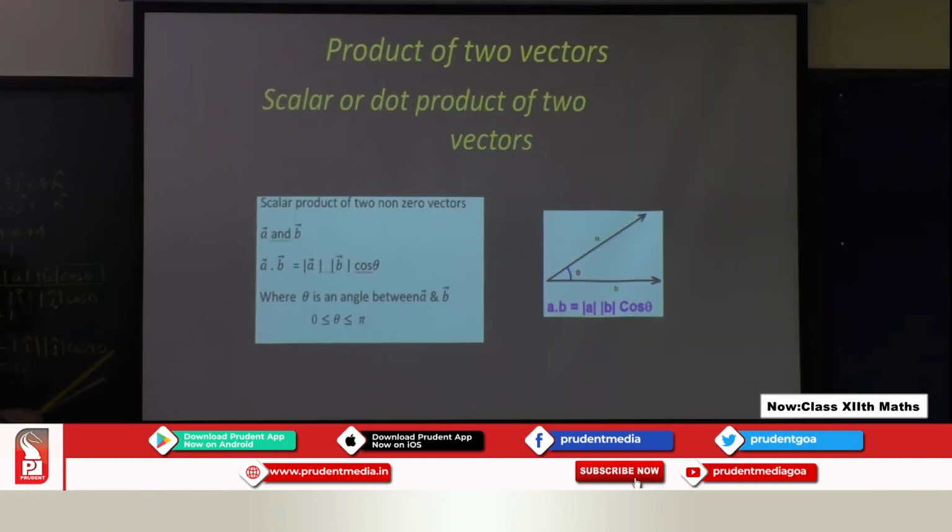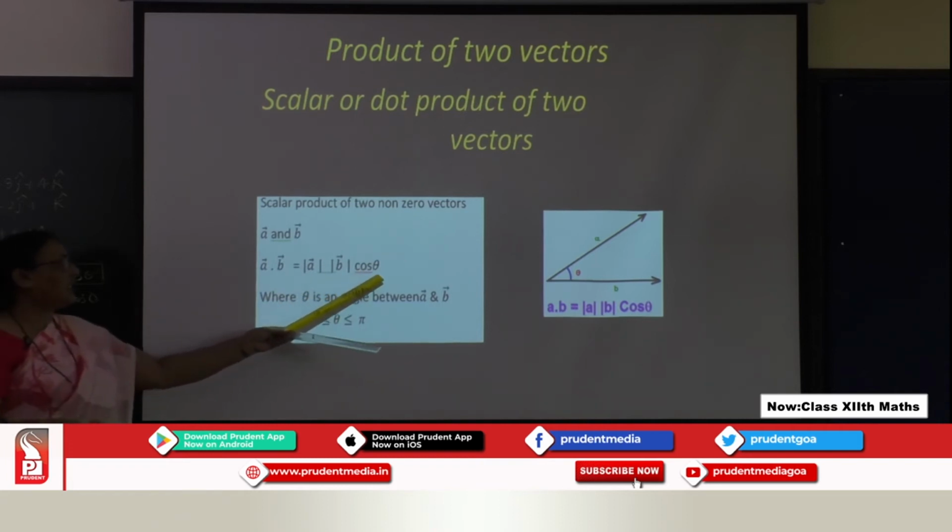If A bar and B bar are two vectors, the dot product or scalar product of these two vectors is magnitude of A into magnitude of B, and theta is the angle between these two vectors, so cos theta.